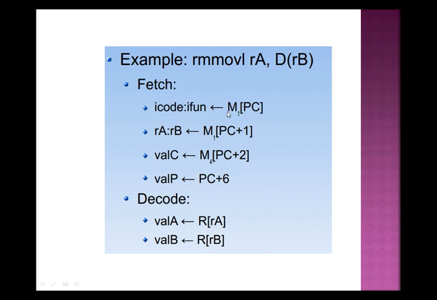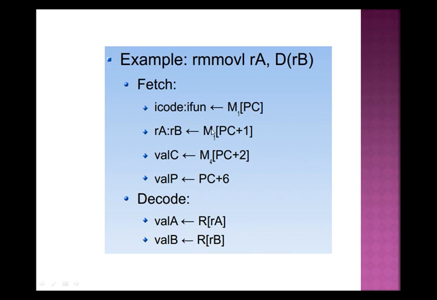Then valP <- PC+6, incrementing the PC by 6 and storing it in the next variable, valP. For other instructions the PC is incremented by 1 or 2 in the same way.